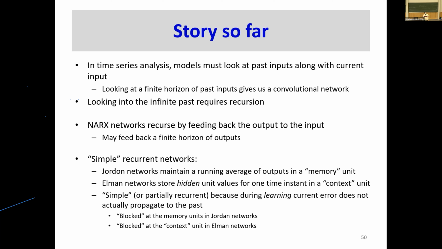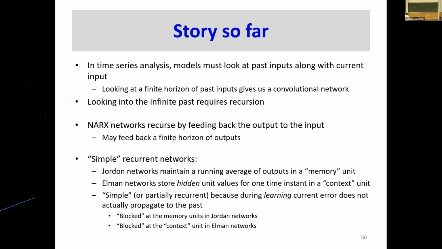Then you have these so-called simple or partially recurrent networks, where they have some additional variables inside the network that are supposed to capture memory, but those are treated as inputs rather than as an integral, continuously computed and updated variable within the network itself. Jordan networks maintain a running average of outputs in a memory unit, and Elman networks clone the hidden variable and store that as an internal memory variable inside the network.